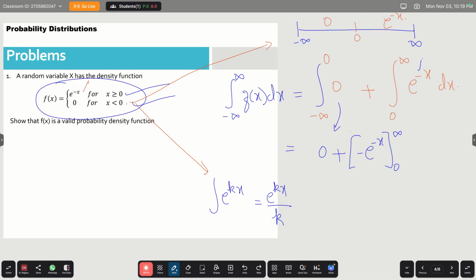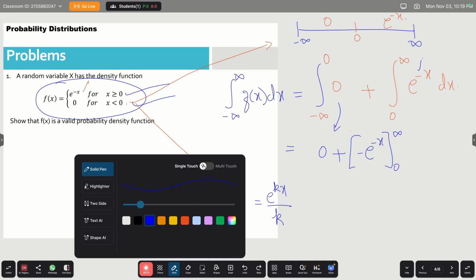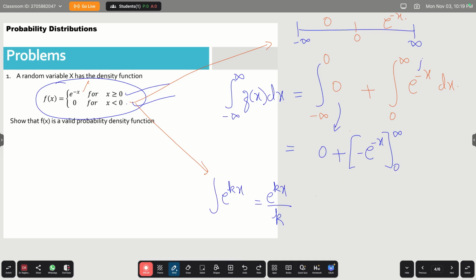So first I'll apply the limit infinity. I am putting infinity in place of x. So e power minus infinity minus, because I am subtracting for the lower limit, and one more minus is there here, so minus of minus is plus, e to the power minus, in place of x I am putting 0 because 0 is the lower limit.